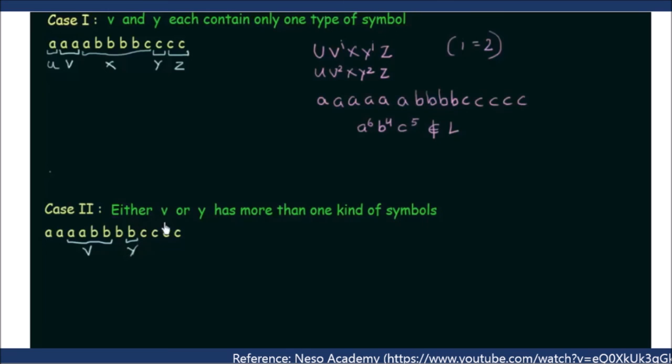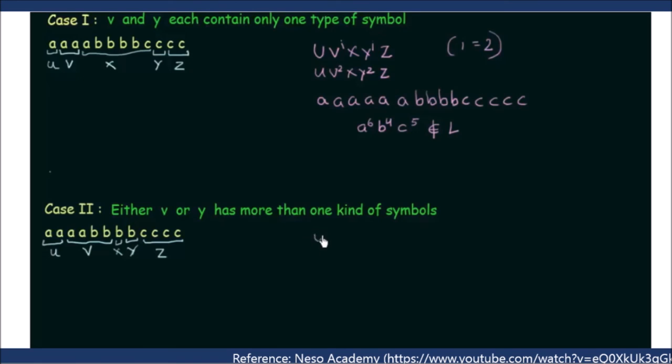So this is the condition where at least one of the parts among V or Y contains more than one kind of symbols, which is this one, where V contains A and B. Now, what will be the remaining part? This will be my U. This is U, V, and this B over here will be my X, and the remaining C's will be my Z. Now, let us see what will happen if we raise them to the power.